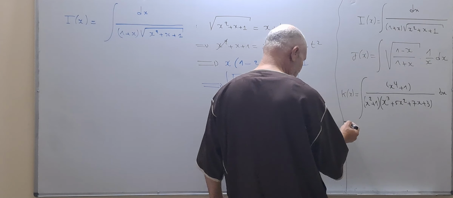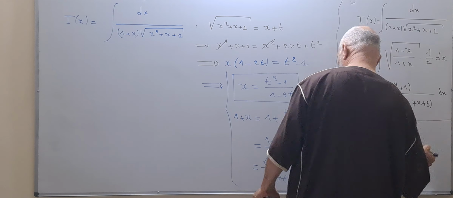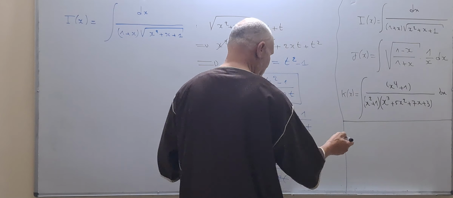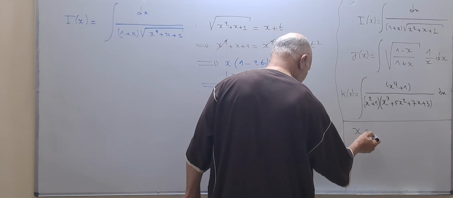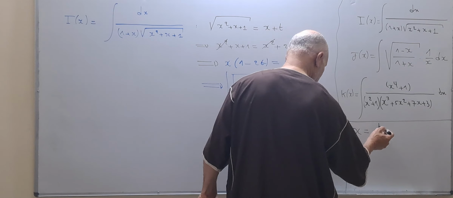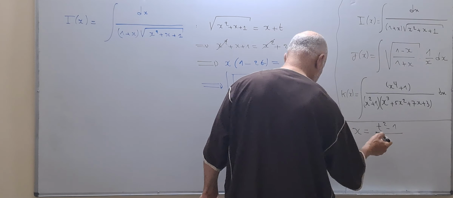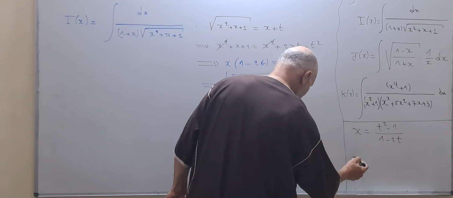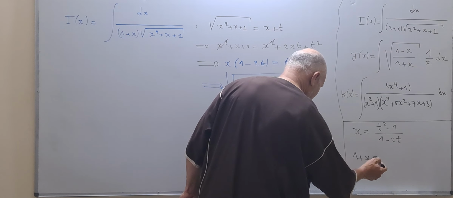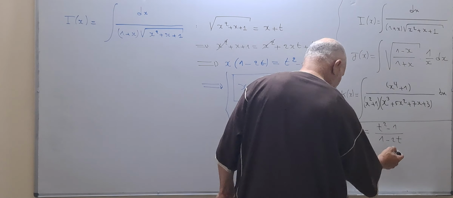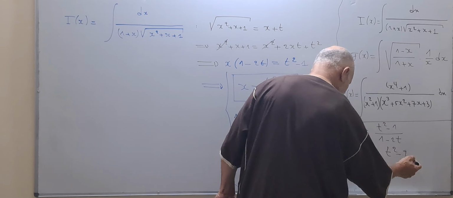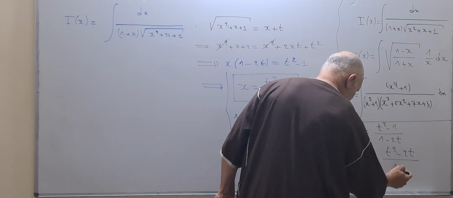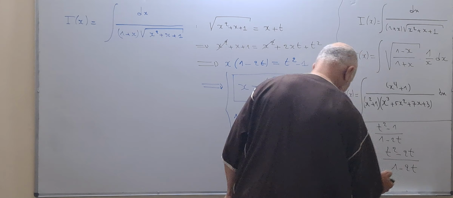So we have x equal to t squared minus 1 over 1 minus 2t, and 1 plus x equal to t squared minus 2t over 1 minus 2t.